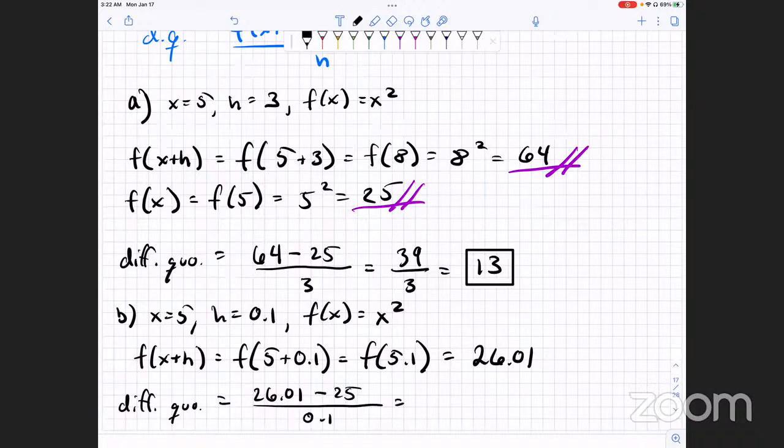What is that, 1.01? Over 0.1. I'm going to multiply top and the bottom by 10. If I do this, this just gives me 10.1. So then this is the difference quotient that we get.